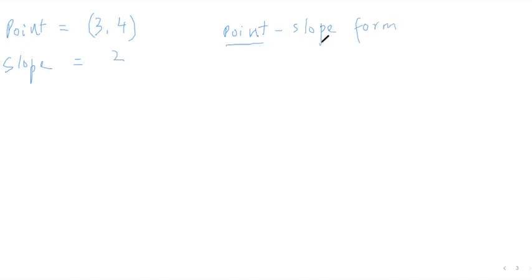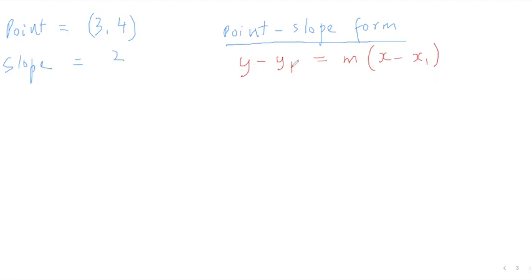The point-slope form of writing the equation of a line is y minus y1 is equal to m into x minus x1. It's kind of like y = mx + c, but there's no c.